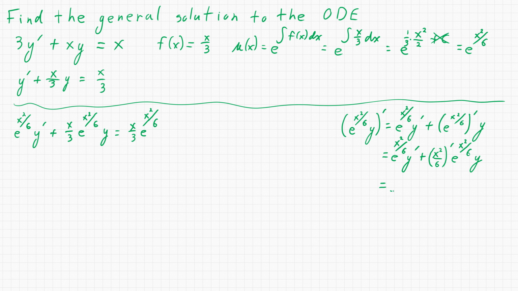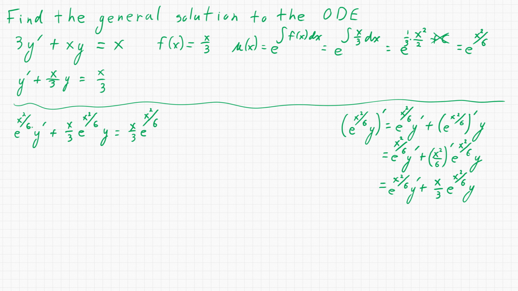Then just one more line here, we have e to the x squared over 6 y prime plus, so the derivative of x squared is going to be 2x, so the x will stick around, but the 2 can cancel with the 6, so that'll be x over 3. And then e to the x squared over 6 times y, which is good because that's exactly what we have over here.